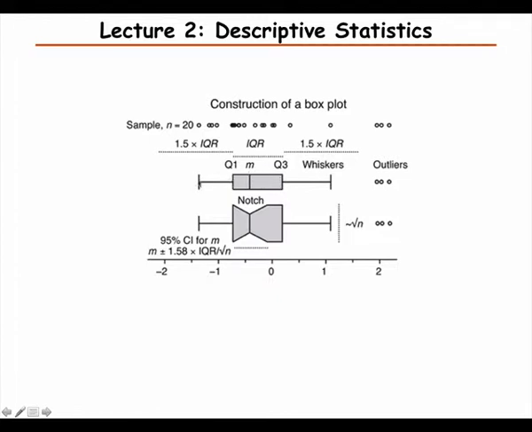Then we show the error bars as 1.5 times the interquartile range. One can also put a notch on the box to show the 95% confidence interval. But we'll go into much more detail on these things in the next lecture.